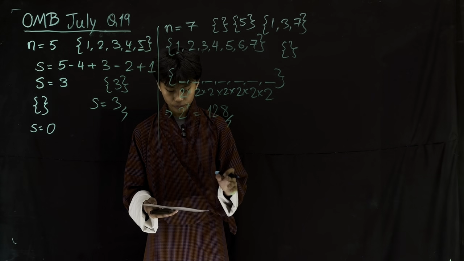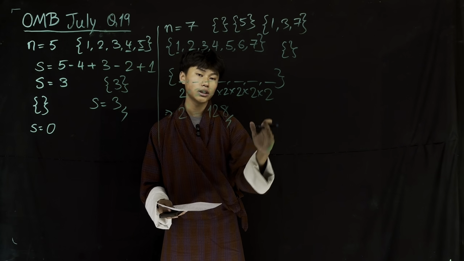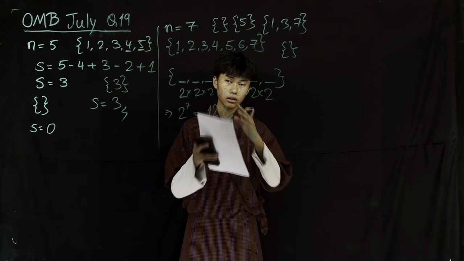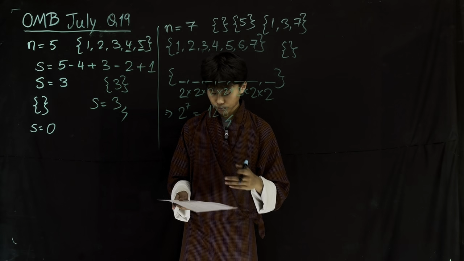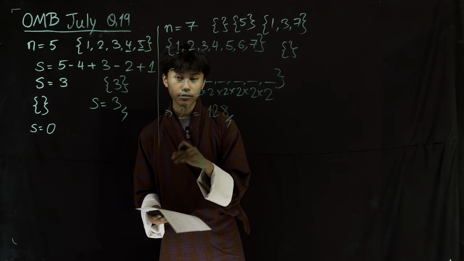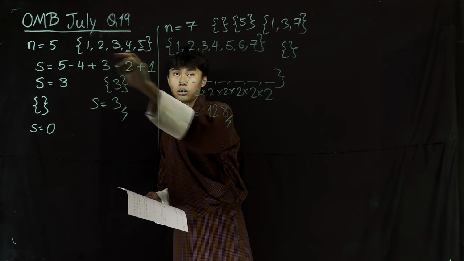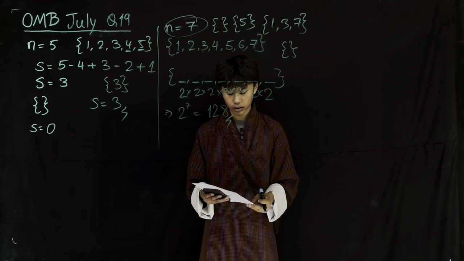Now, what you will notice is for every possible subset that you have, you can divide them into different groups. Every subset will either have the largest number 7 in the subset, or it will not have the largest number 7 in the subset.